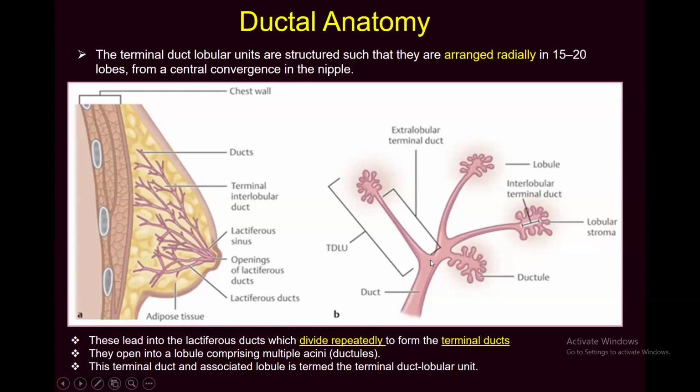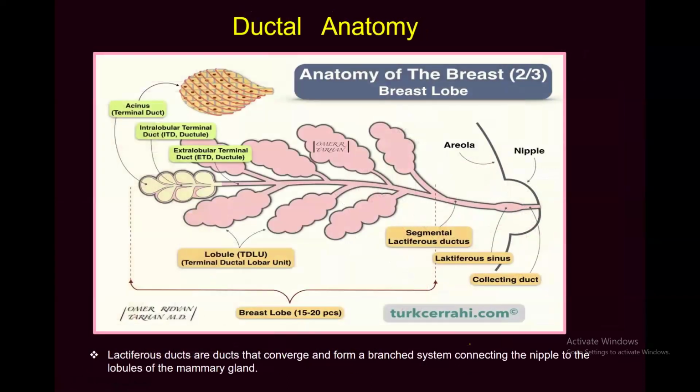Here, this is the main duct, and these are terminal ducts. The terminal ducts, we have extralobar terminal ducts and intralobar terminal ducts. Here we can take an example of a single segmental duct from the nipple.